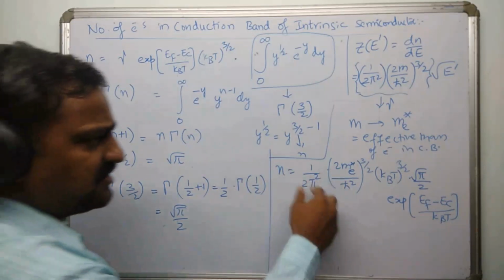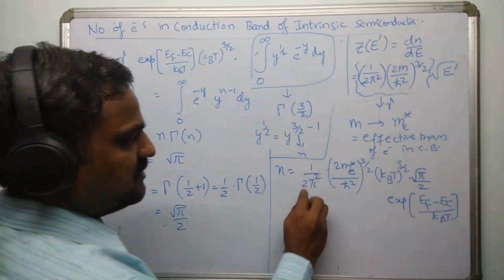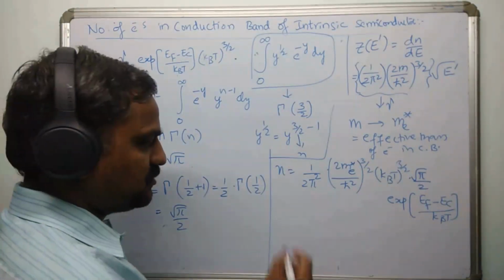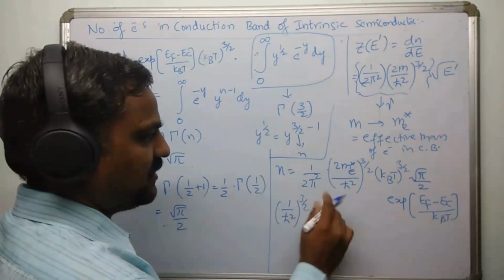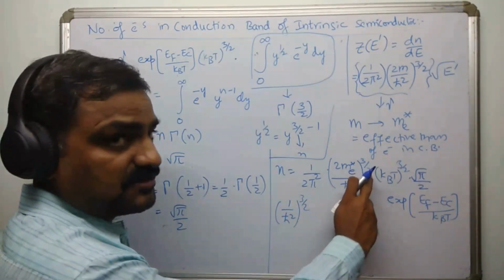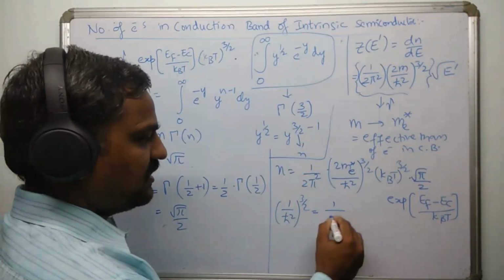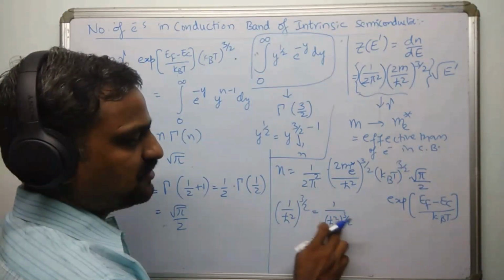Now I'll make some operation to this term to make it look much simpler. See, this is 2 pi square, and we have an h cross square here. So I can take 1 by (h cross square) whole power 3 by 2 separately. Can't I write this as 1 by (h cross square) whole power 3 by 2? And this 2 gets cancelled.